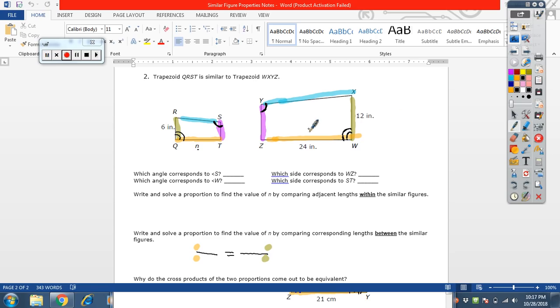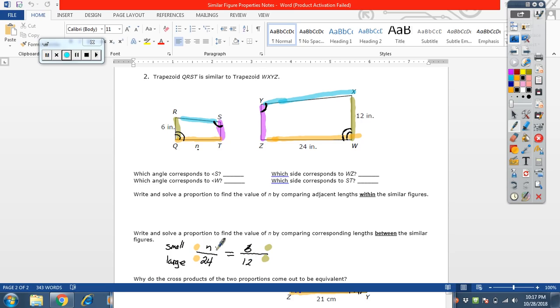It's going to be exactly the same, just a different way to do it. So this time, we're going to put the small one on top and the large one on bottom. So we have n and 24, small and big, and we have 6 and 12.